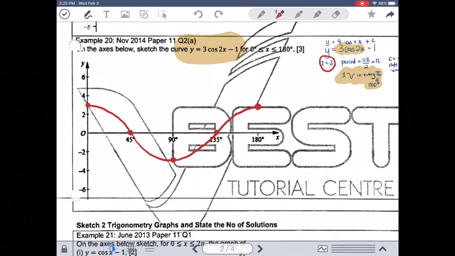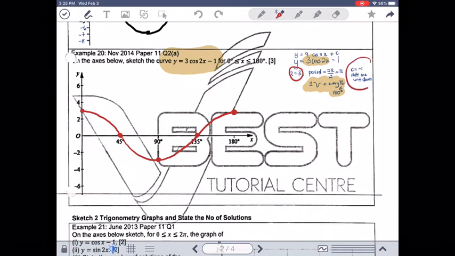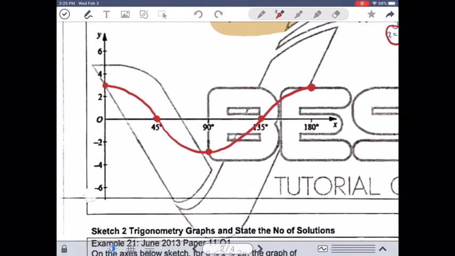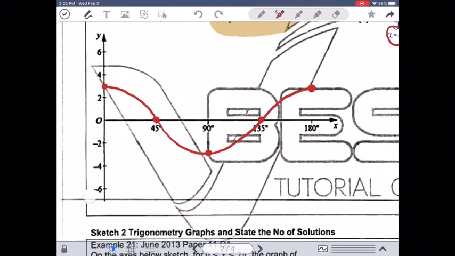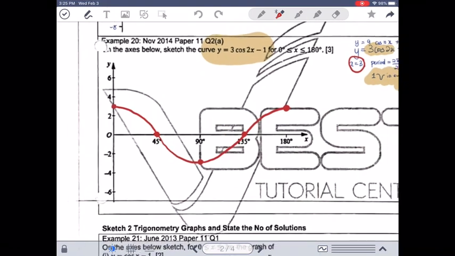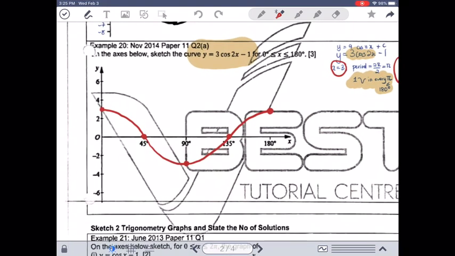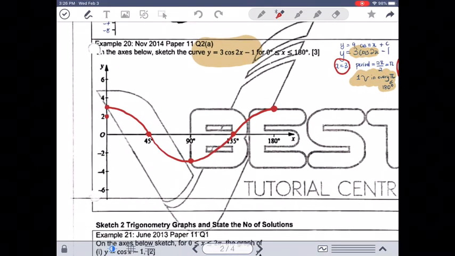All right. Next, we need to shift 1 unit down. So from 3 becomes 2, from 0 becomes -1, from 3 becomes -4, from 0 becomes -1, from 3 becomes 2.